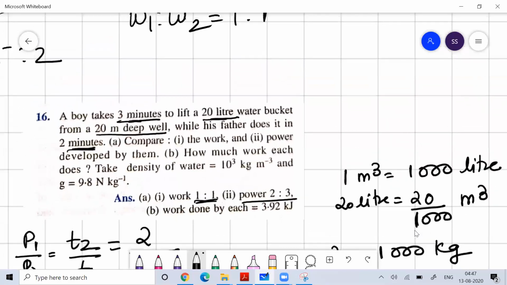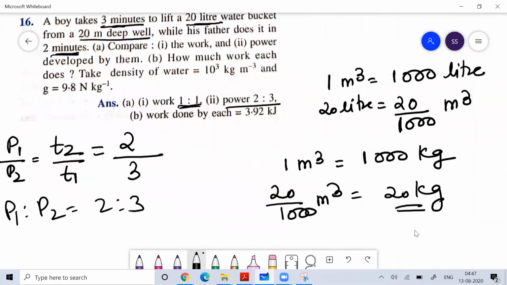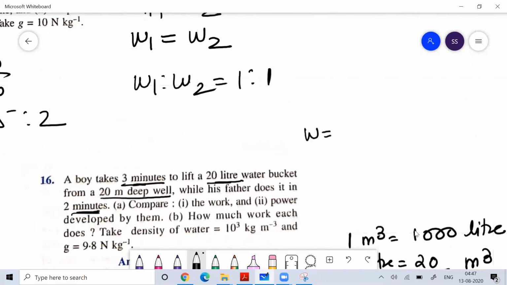So the work mass you got is 20 kg, and the g you take 9.8, mgh. h is 20 meter.